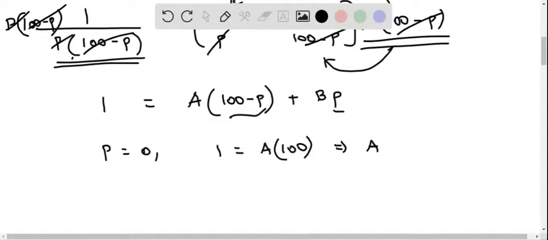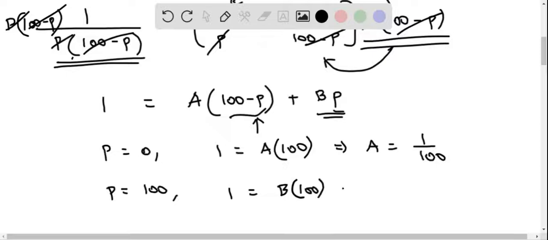Solving for A, we get A equals 1 over 100. Now let's put P equals 100. We get 1 on the left side. When we put P equals 100 here, 100 minus 100 is 0, so this term gets cancelled. Then here it will be B times 100. Solving for B from this, we get B also equals 1 over 100.